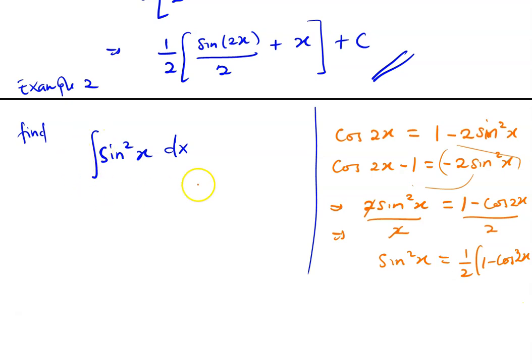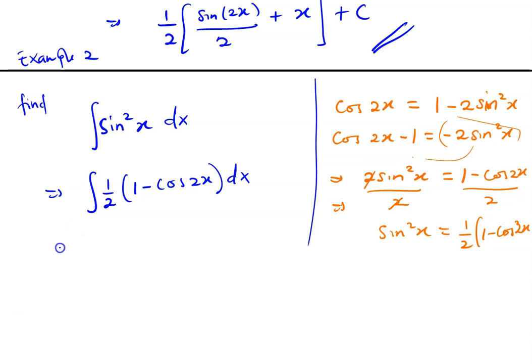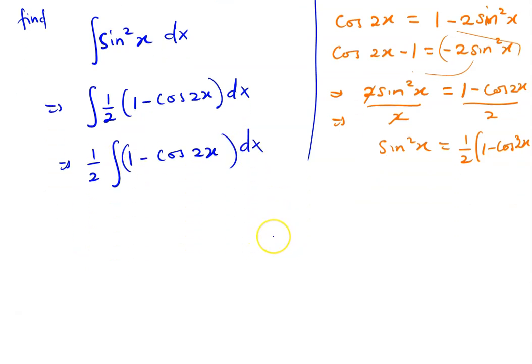So for this case, I can just bring it over here. It's the same as the integration of half into bracket 1 minus cos 2x dx. So I can bring the half outside the integration symbol. I'm going to get half integral of 1 minus cos 2x dx.